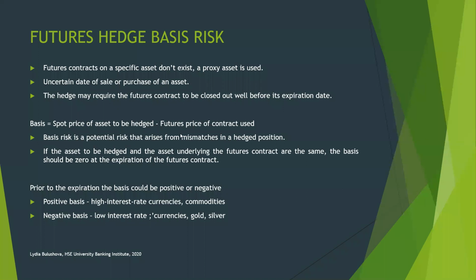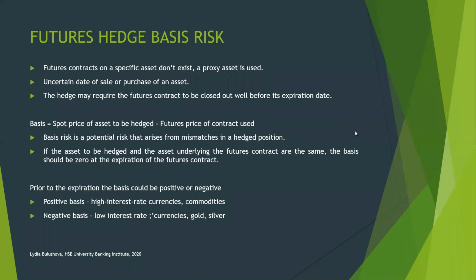So the basis is defined as the difference. That's how the basis is defined: the difference between a spot price of an asset and the futures price of the contract used. The spot price is the price of a particular equity, a particular commodity, a particular asset that you would like to hedge with a futures contract. And the futures price is what is stated in a futures contract.